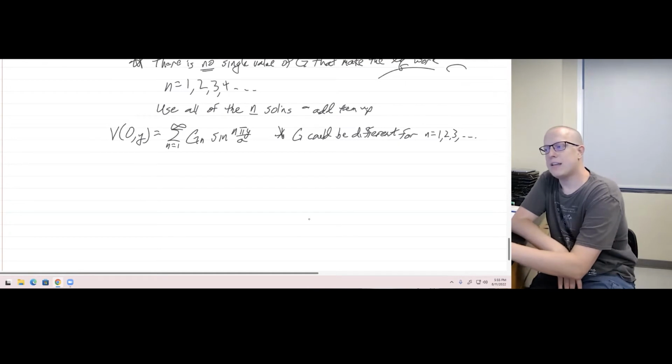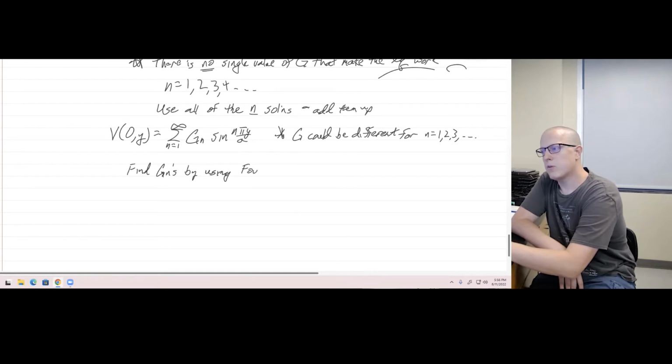But to find these gn's, we have to use something called Fourier's trick.